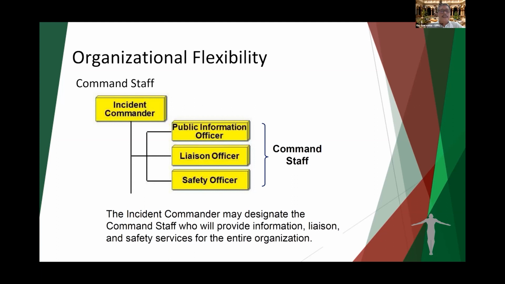So the incident commander may designate a public information officer or call on the spokesperson of the university, the liaison officer, or the safety officer. Now, let's discuss this one by one.